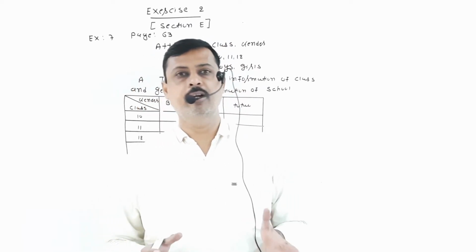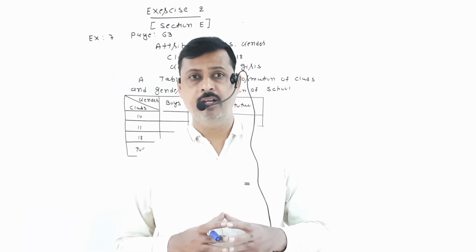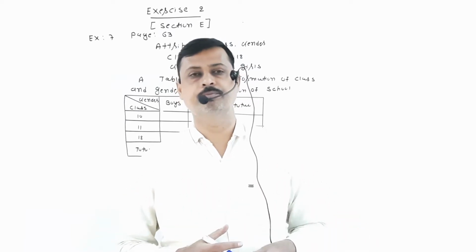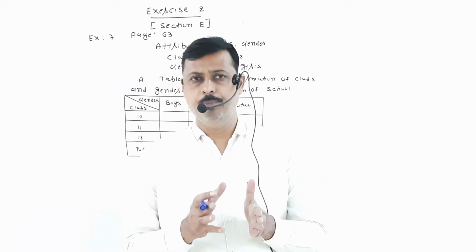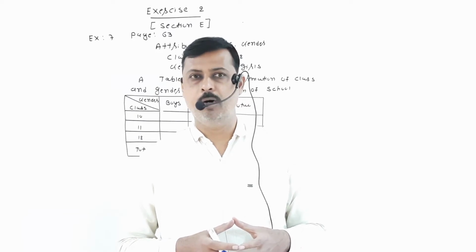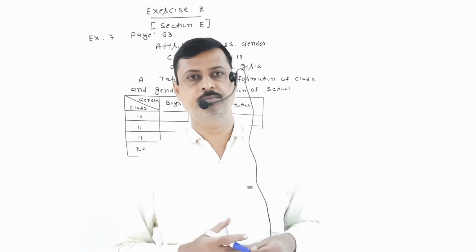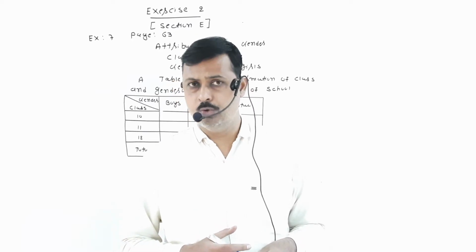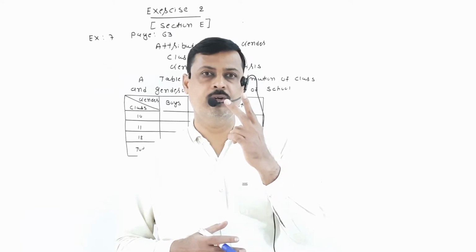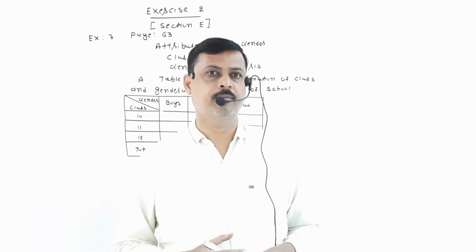So there were 850 students studying in a school. Whenever we have to prepare a tabulation form or a table, before we draw a table, at least we should have knowledge about the attributes, which type of information is given in this example. If you look closely, we have two types of information: one is standard wise and second is gender wise.